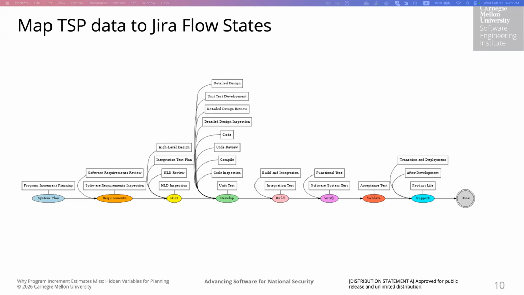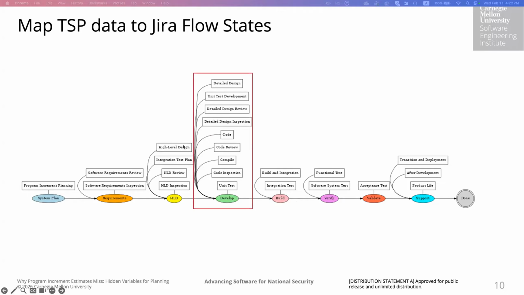Before going further, let's do a mapping between the typical TSP phases and the Jira flow states. The bottom line here is the typical Jira flow state, and all of the phases listed in boxes are the TSP phases.